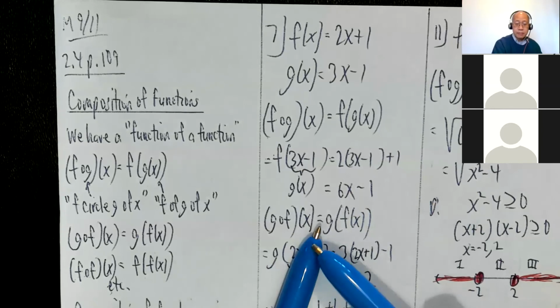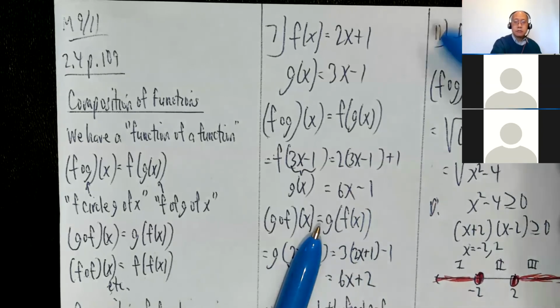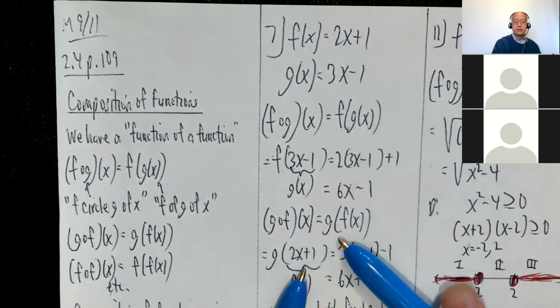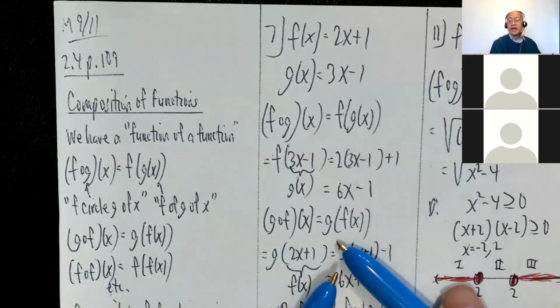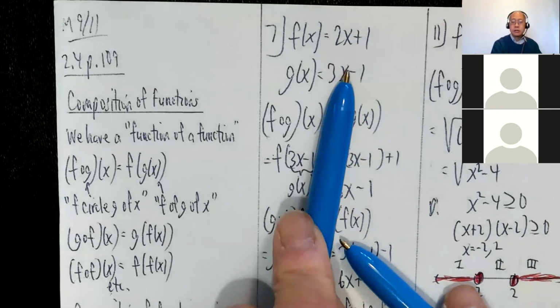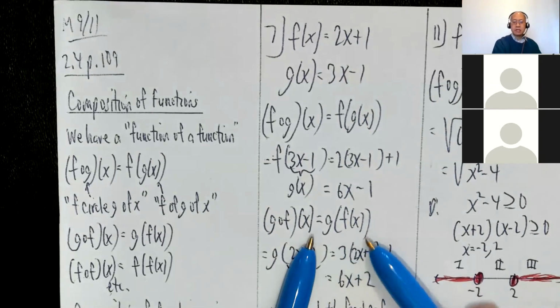The next step, I do not write f of x, I write down what it's equal to: 2x plus 1. And then this thing gets applied to g. 3 times blah, blah, blah, minus 1.